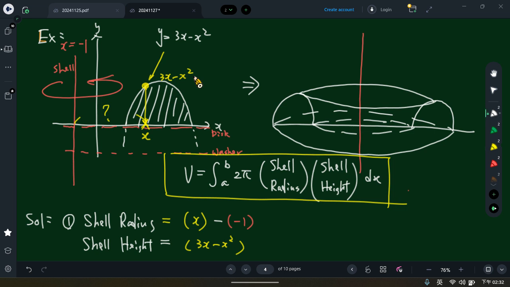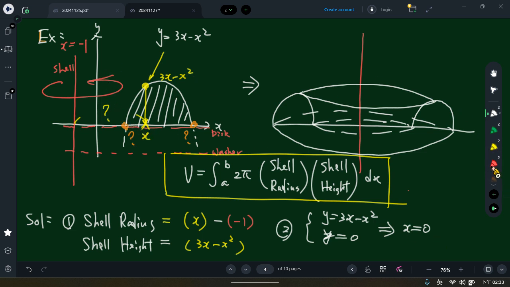And the second part is we need to know what the two endpoints are, right? If you want to get the two endpoints, you need to use y is equal to 3x minus x squared, and also y is equal to 0. Then you can get x is either 0. Oh, sorry, maybe I made some mistake. Suppose this is 0.